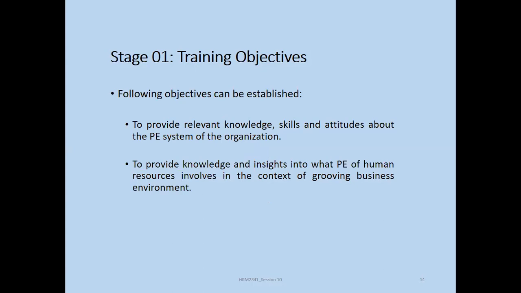In our organization, as per the audience, we need to give some different types of knowledge, different types of understanding, different levels of knowledge and understanding about the performance evaluation.